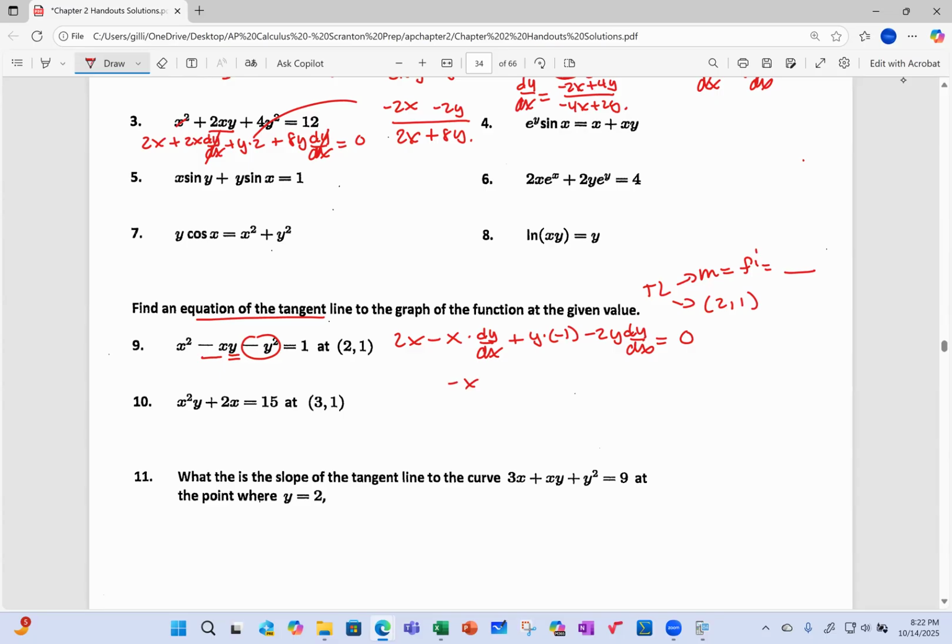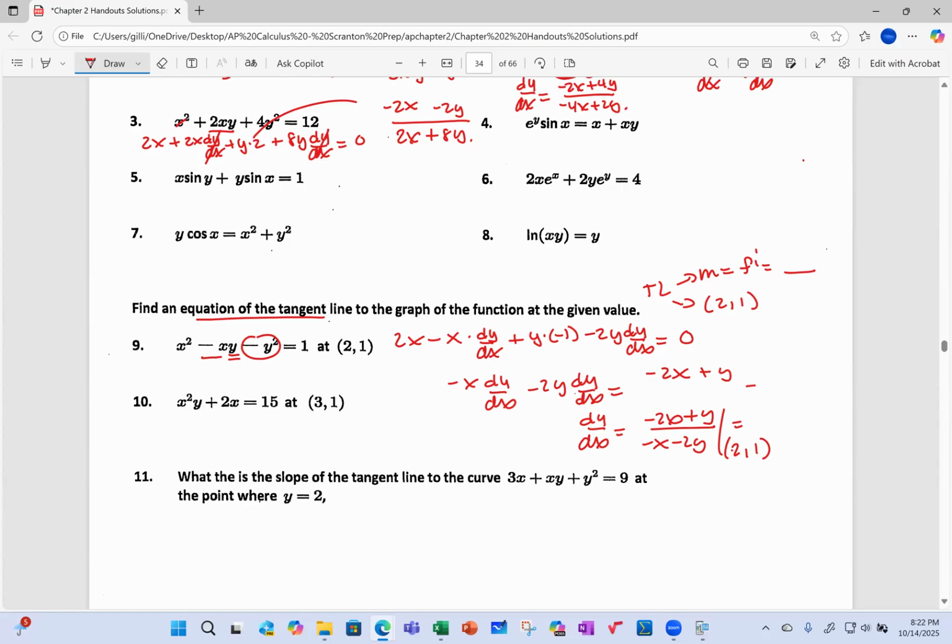Again, guys, the dy dx's are already on one side, so just got to rewrite things like that. And I'll take over that 2x and make it minus, right? And then take that minus y over and make it plus. Once again, I'll factor out the dy dx, and there it is. And what is my actual slope at this point is found by replacing x with 2 and y with 1.